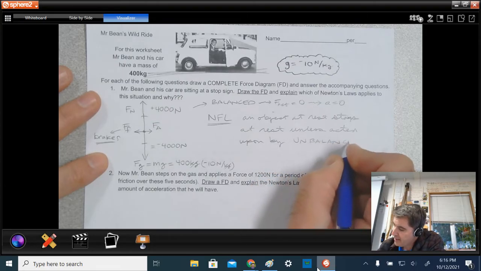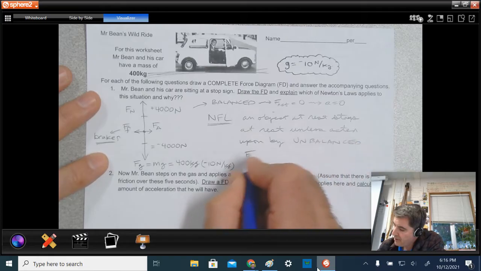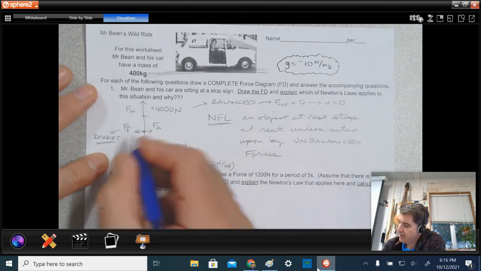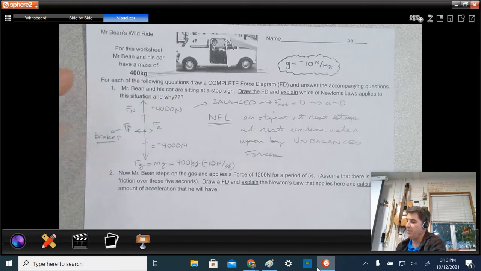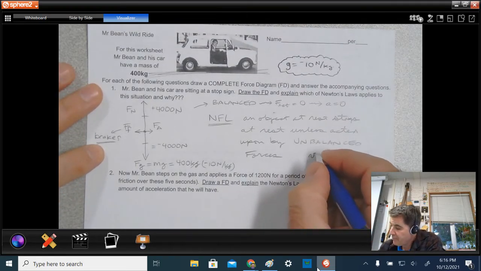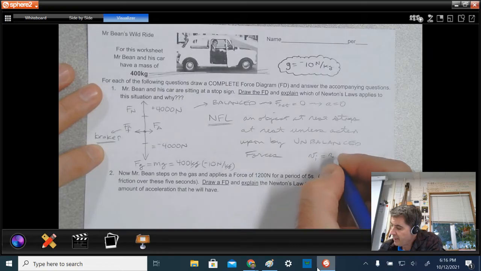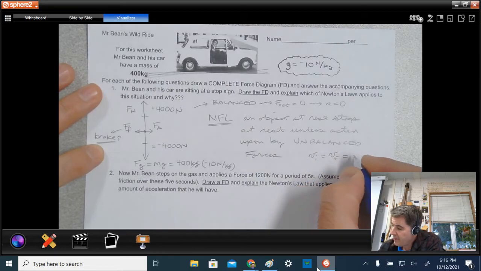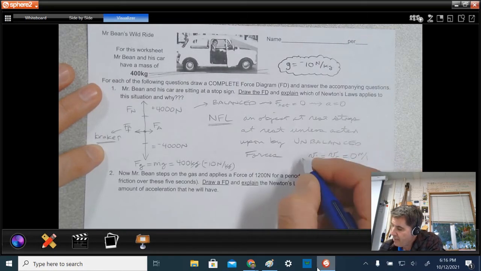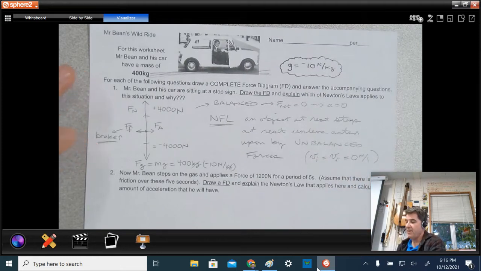And we already said that the forces on this are balanced. And so the net force is 0. It's got 0 acceleration. The initial velocity is equal to final velocity, and they both equal 0 meters per second. That is the first part of the question.